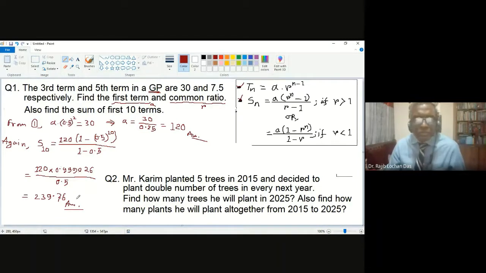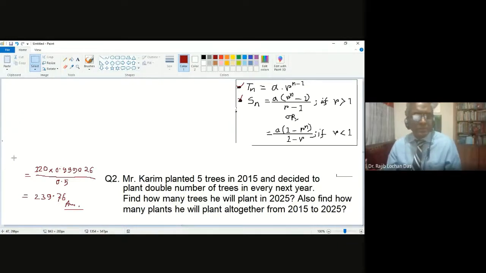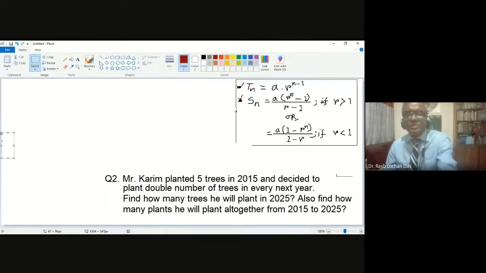Now let us do the second question, and again it is an open question. I did not tell you which progression this is. When you read the question in the exam, you will understand which progression it is.